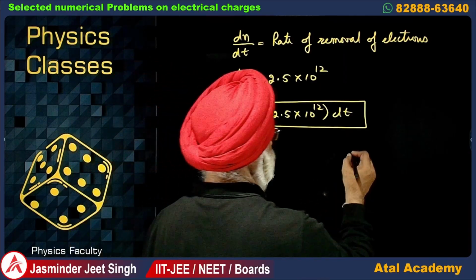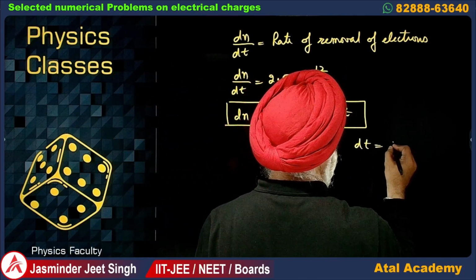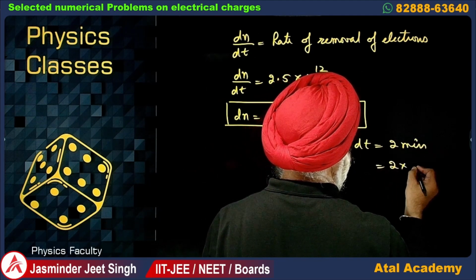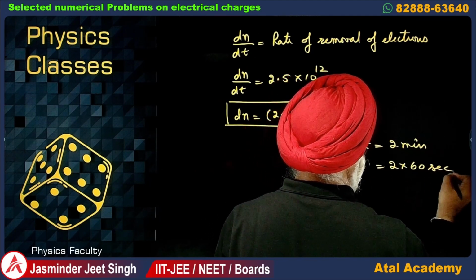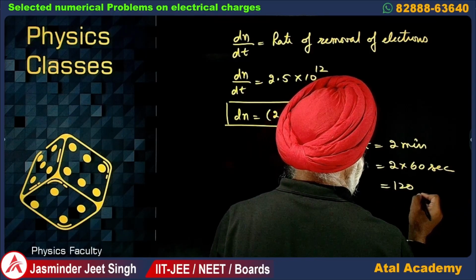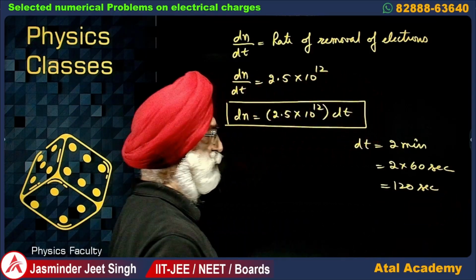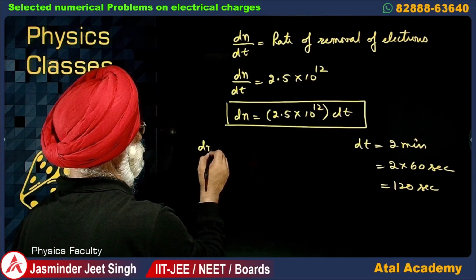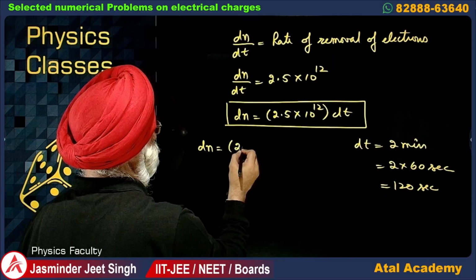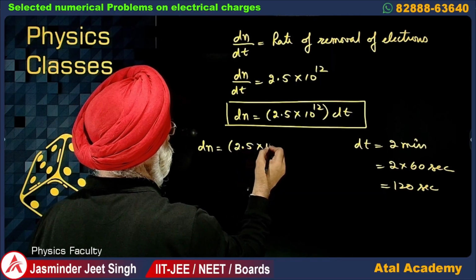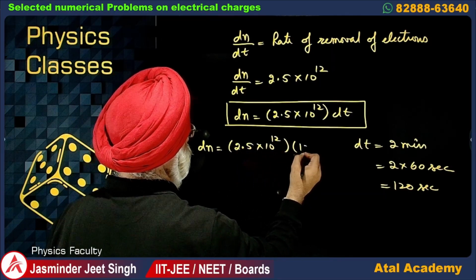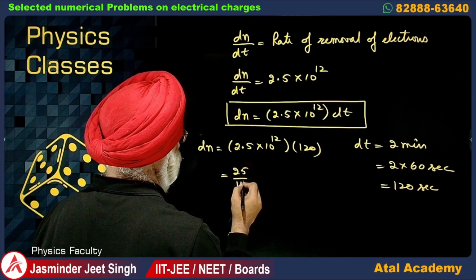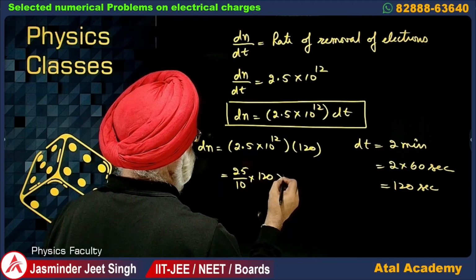The time dt which is given to us is 2 minutes, or we can say 2 into 60 seconds, it will be 120 seconds. In 120 seconds, how many electrons will be removed? We can find out dN here. It will be 2.5 into 10 to the power of 12 into 120, which is 25 upon 10 into 120 into 10 to the power of 12.